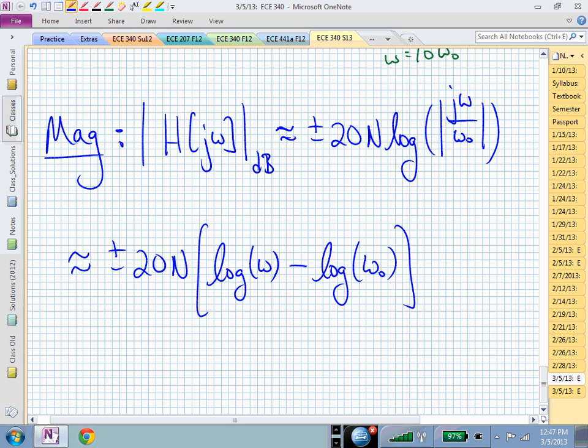But once we get bigger than omega naught, this is really like a straight line. You could say this is m, your slope. This is now your x, mx, and then this would give you a constant, your y-intercept in a sense. This is now giving you a sloping line with a slope plus 20n if it's a zero factor, or minus 20n if it's a pole factor.